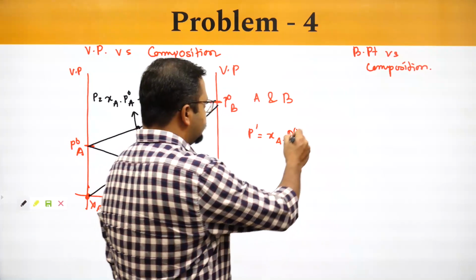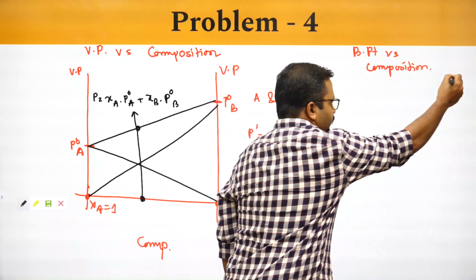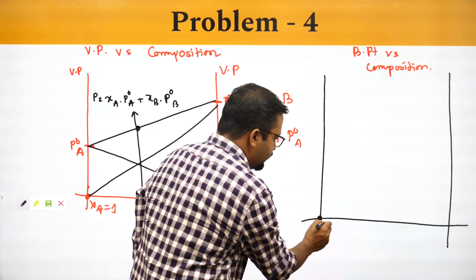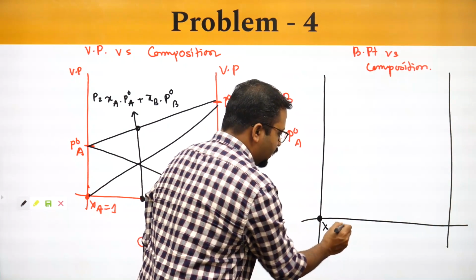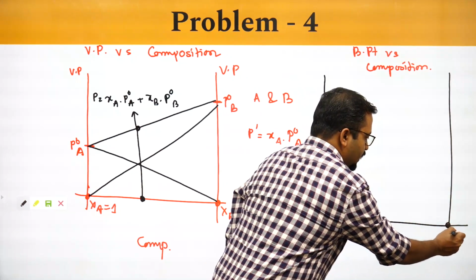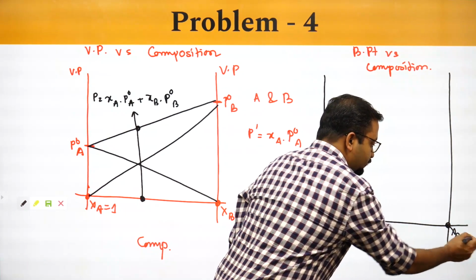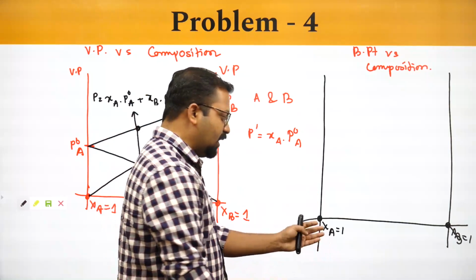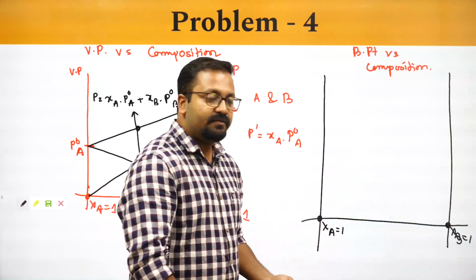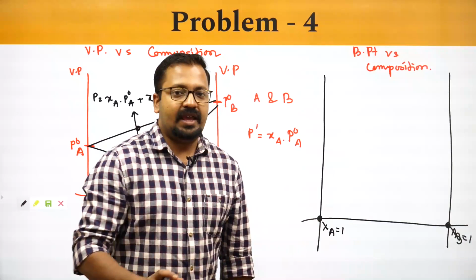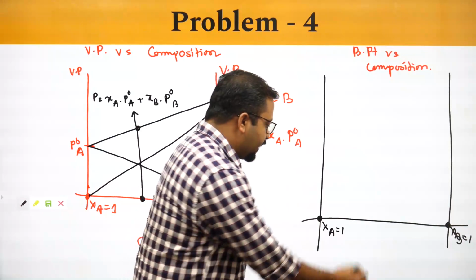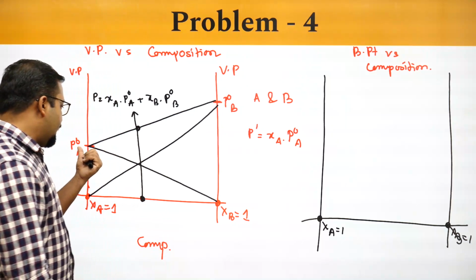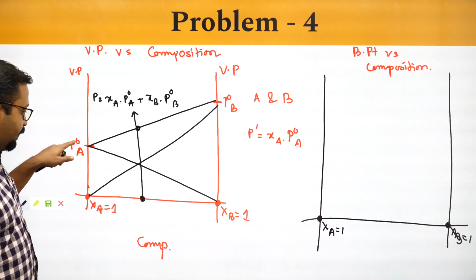So I draw it in this fashion. This is again the composition where A is 1, and here the composition of B is 1. In the intermediate there will be something, you have mixed them, the mole fraction of B can be some value, A can be some value, but at these extremes we are taking pure solvents. So if we take pure solvent A and want to identify the boiling point of A, then I compare it with the ideal pressure.